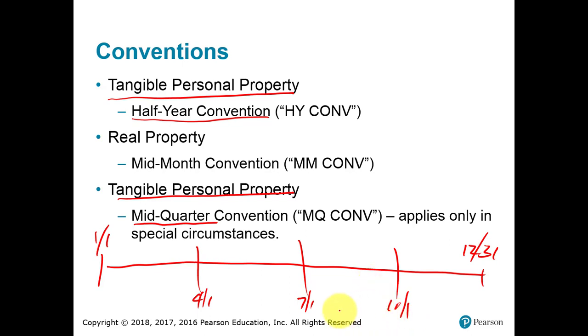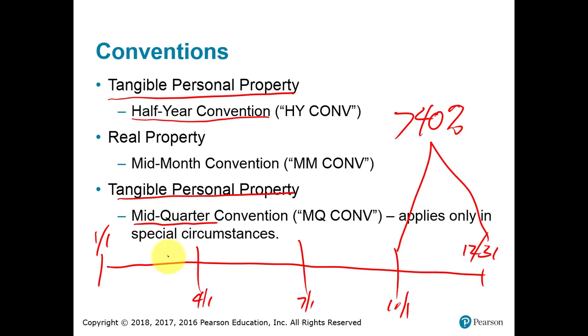So the rule is you generally, no matter when you buy the asset during the year, use the half-year convention, unless more than 40% of the assets you purchase, that's really tangible personal property for the year, is placed into service in this last quarter. If that's the case, you're going to have to use this mid-quarter convention.